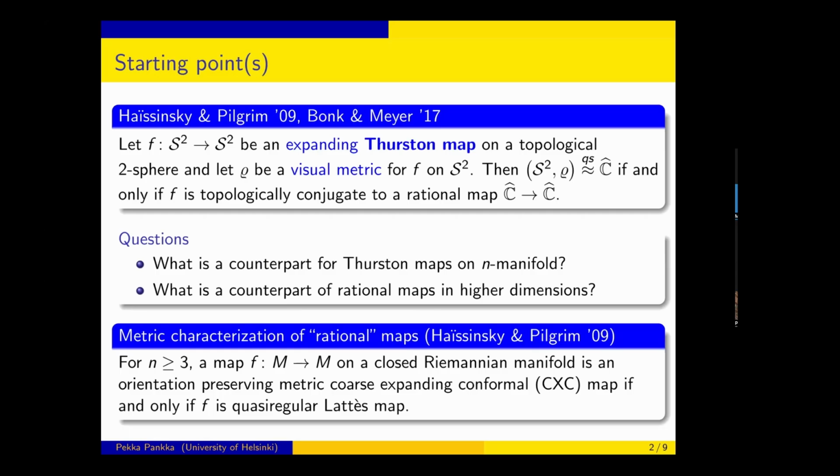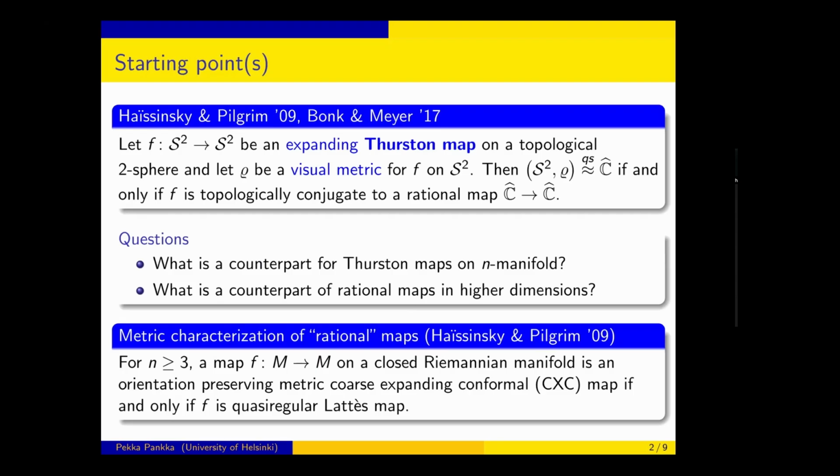Then there is already a class, the so-called quasiregular lattès maps. But what Peter and Kevin proved is that this is actually characterized by the so-called metric coarse expanding conformal class, the CXC maps.